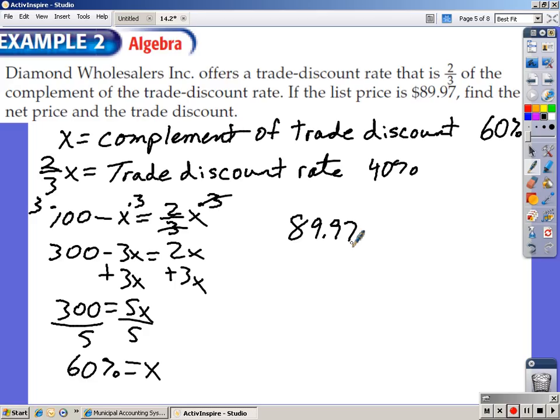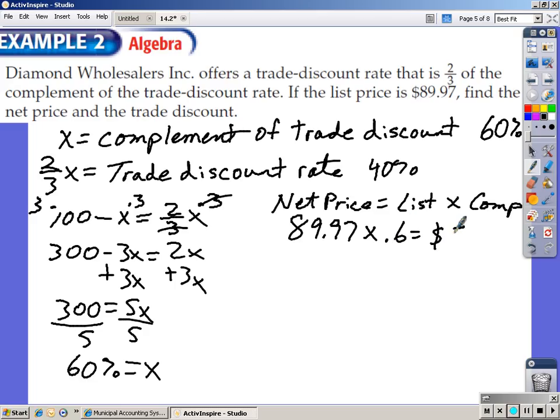Okay? Well, the formula for net price is the list price times the complement. Okay? So, we're looking for the net price, $89.97 times my complement, which is 0.6. That means my net price is $53.98.